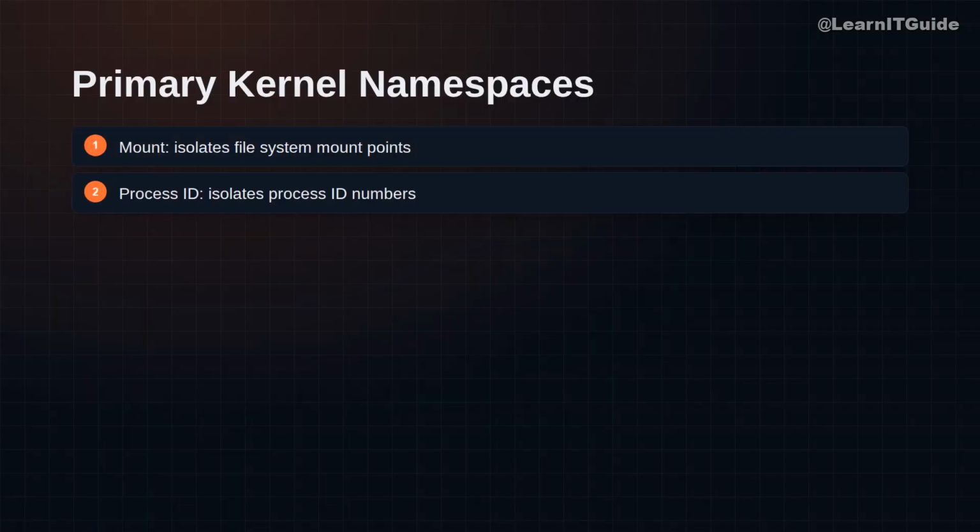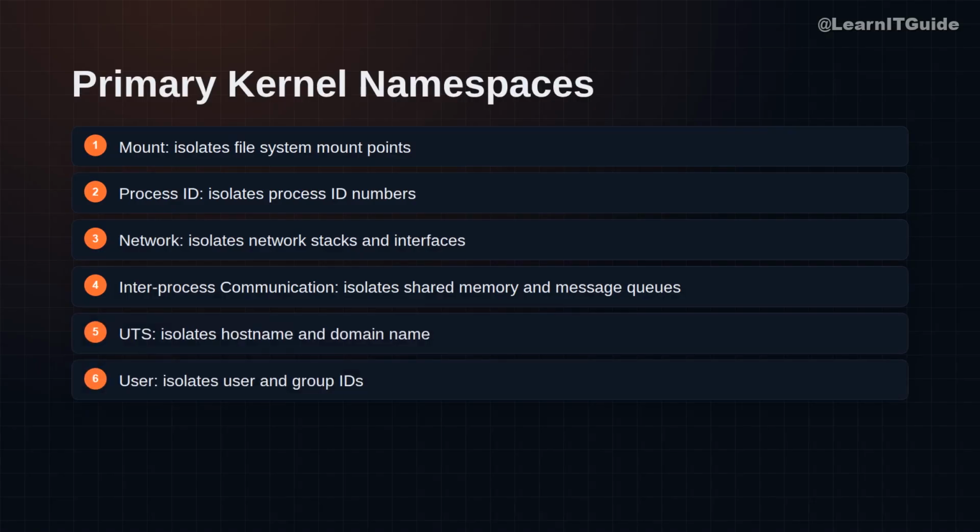There are 6 primary namespaces you need to know. First, the mount namespace isolates file system mount points, so different processes see different file system trees. Second, the process ID namespace isolates process identifiers, allowing multiple processes to have the same ID number in different namespaces. Third, the network namespace isolates network stacks, including interfaces, IP addresses, and routing tables.